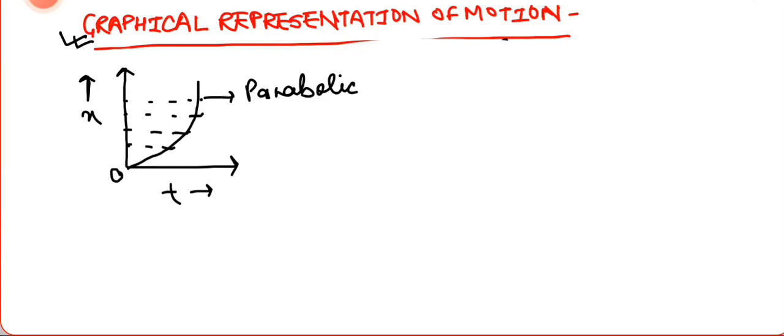It is not changing uniformly, and that is why we have got a curved slope. This curve is generally parabolic in nature, or it may be of any curved shape. So this kind of slope represents non-uniform speed.